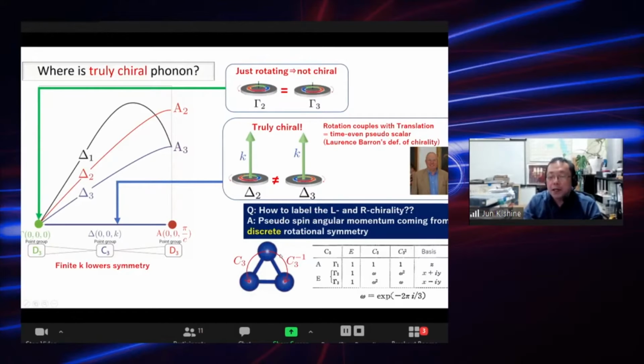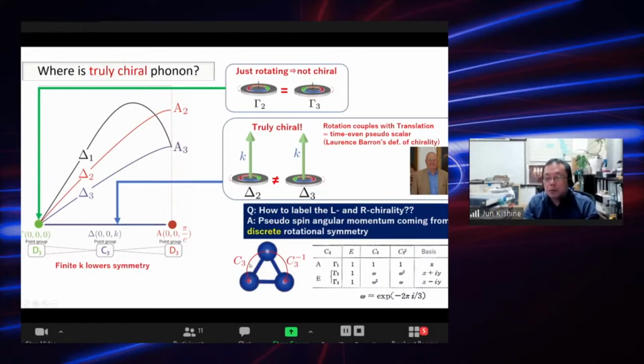Discrete rotational symmetry means that this triangle here has C3 symmetry. So the irreducible representations of the C3 point group give you gamma 2 and gamma 3. These gamma 2 and gamma 3 exactly correspond to delta 2 and delta 3 respectively.